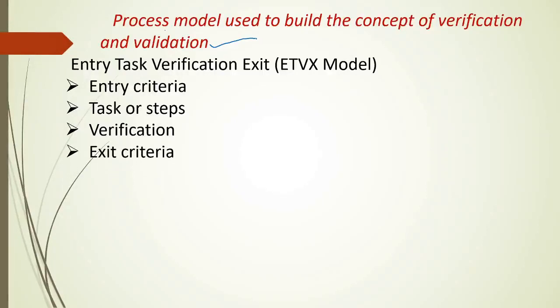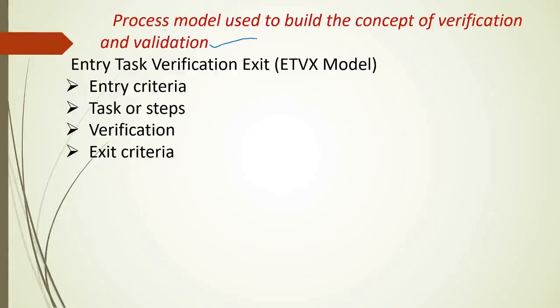And next we have exit criteria. Exit criteria is like coming out of that particular phase. Before coming out of that phase, its purpose is to ensure that the tasks have produced an output that meets the specification or requirements of the process.